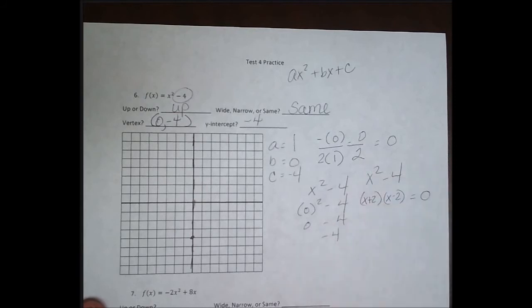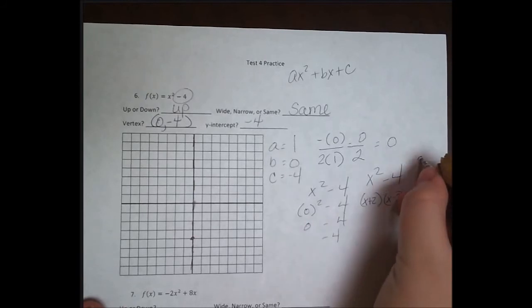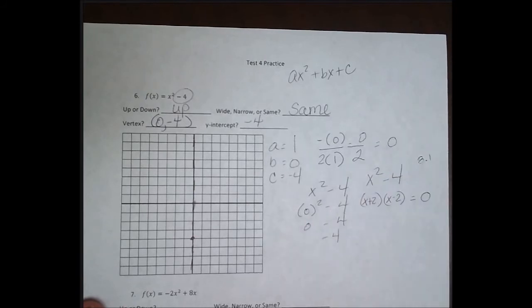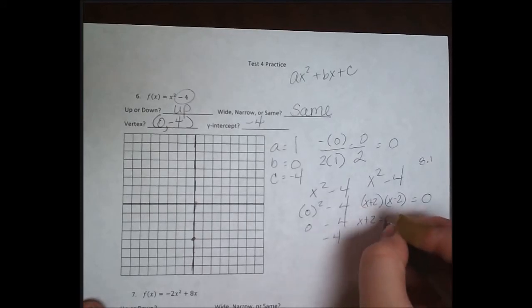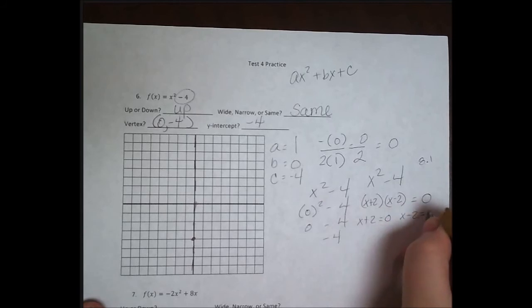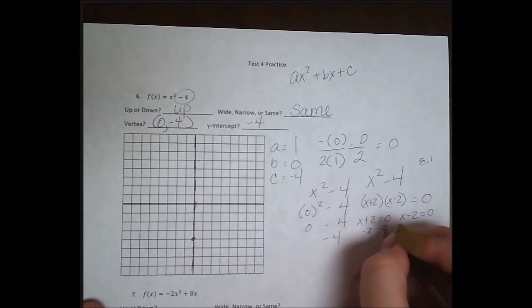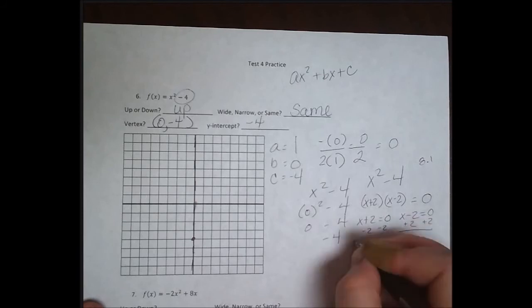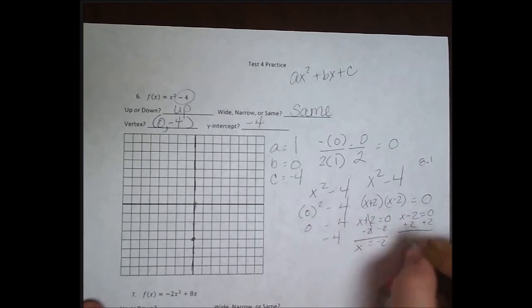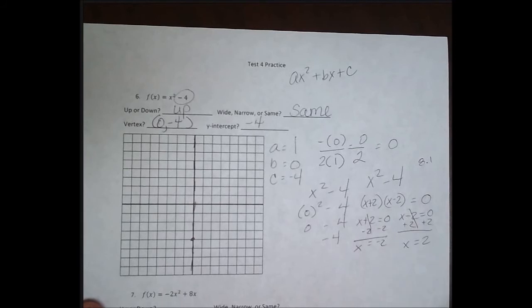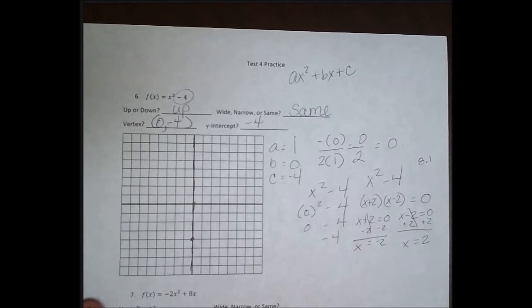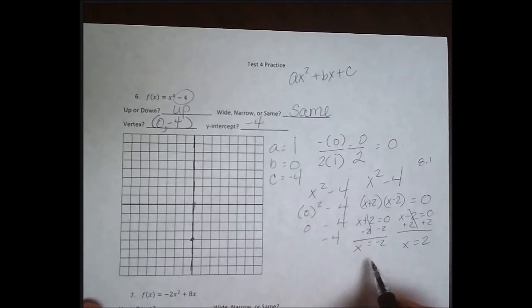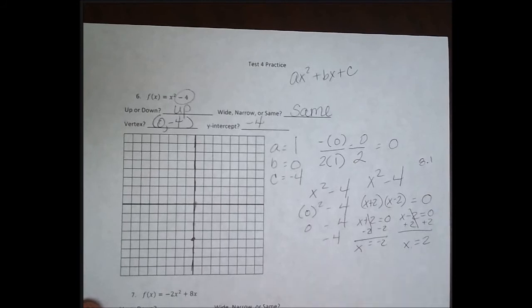If you remember, we learned how to do this in the first couple of problems in section 8.1. If you want to visit that video for a little bit of a review, you can, but that's where we learned this. So x plus 2 equal to 0, x minus 2 equal to 0. You should get answers of positive 2 and negative 2. Remember, these are your x-intercepts, meaning where your graph crosses the x-axis.